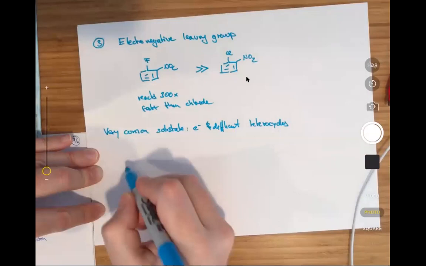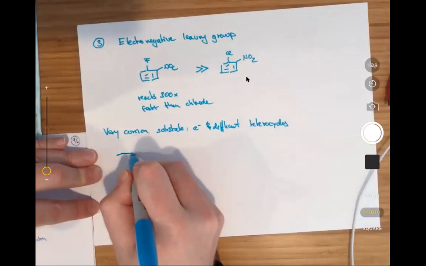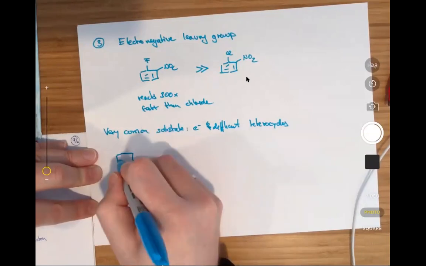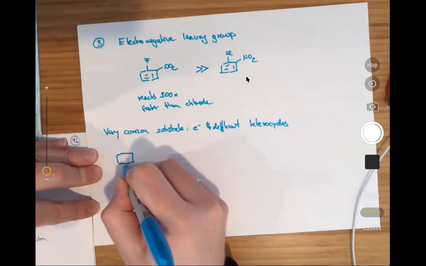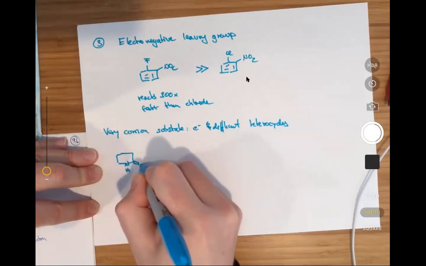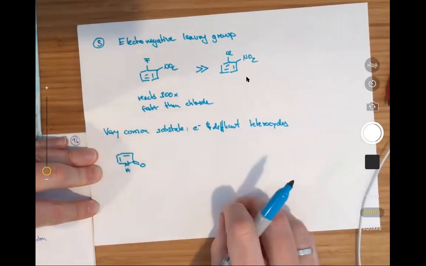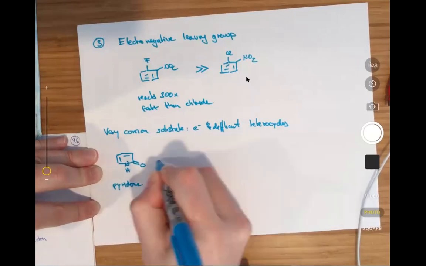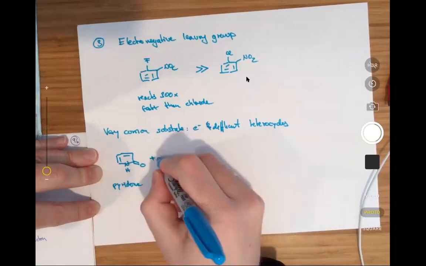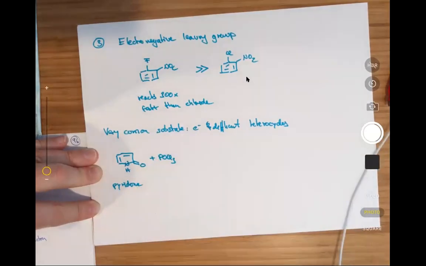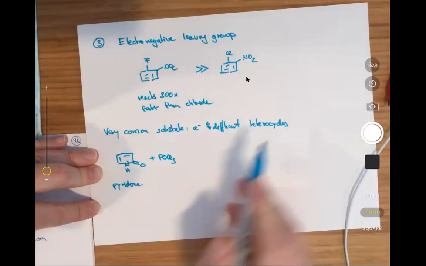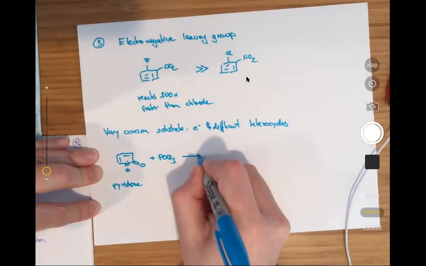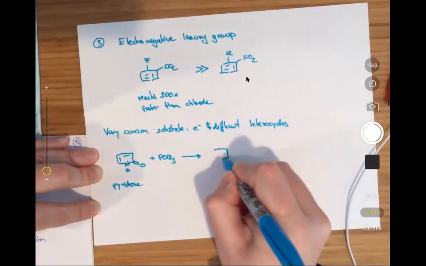One typical example that you'll see often in the literature are substrates that are derived from pyridine. And usually those are made directly from pyridones. So that's a commercially available amide. And if you treat this pyridone with a chlorinating agent like POCl3, and you can work out the mechanism how this works, like it's the attack of the oxygen on the phosphorus, etc. We've done this a couple of times already. You can turn this into the pyridine.